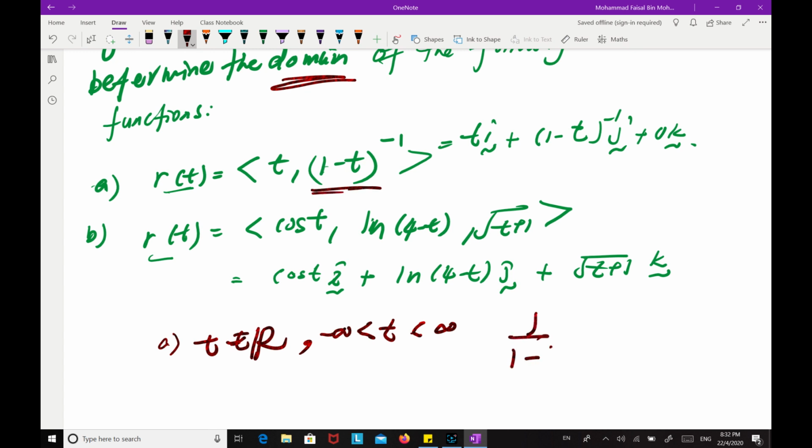Okay, see the second one. 1 over 1 minus t. So 1 minus t inverse is same as 1 over 1 minus t.